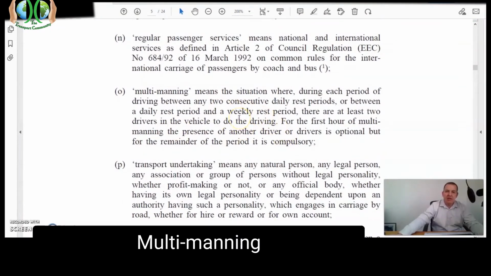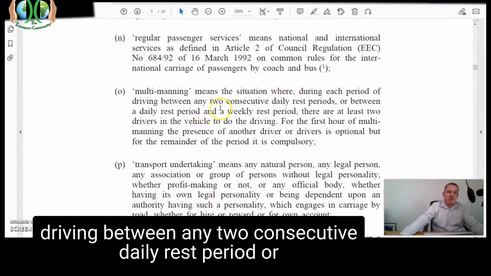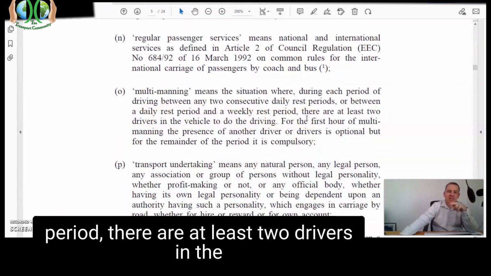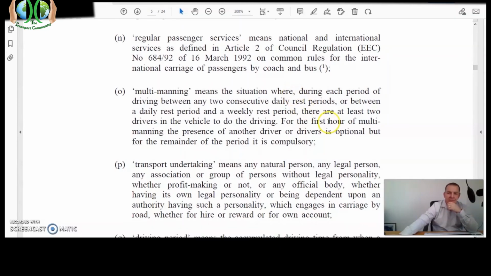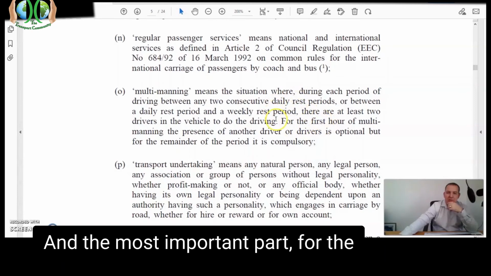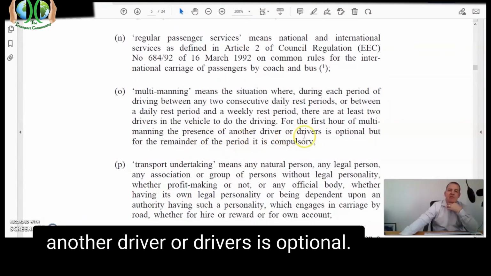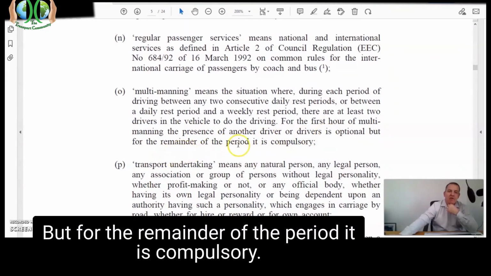Multi-manning. Okay, multi-manning means the situation where during each period of driving between any 2 consecutive daily rest periods or between a daily rest period and a weekly rest period, there are at least 2 drivers in the vehicle to do the driving. And the most important part, for the first hour of multi-manning, the presence of another driver or drivers is optional, but for the remainder of the period, it is compulsory.